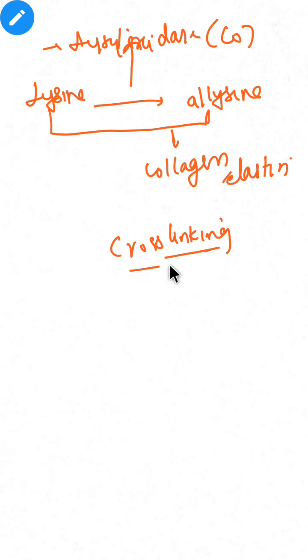If there is any deficiency of copper, this reaction will not happen, so cross-linking will not happen. Hence, copper is essential for cross-linking.